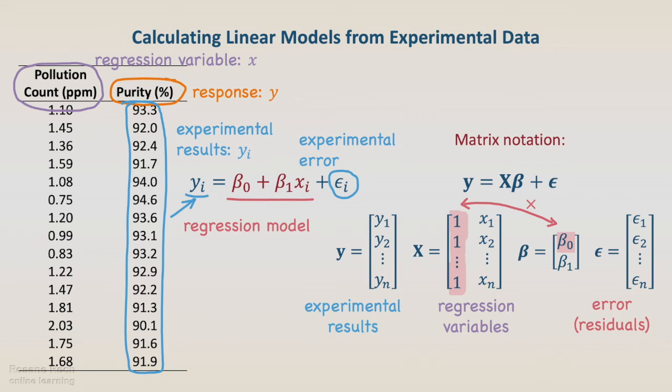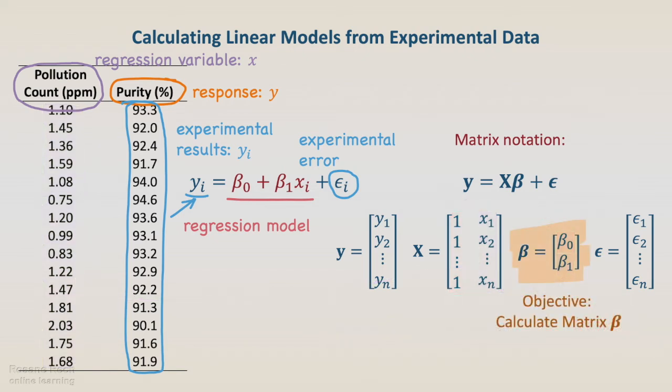The first column of the X matrix is composed of number ones, since it is multiplied by beta 0, the independent coefficient of the beta matrix. The second column of the X matrix is formed of the regression variable values and is multiplied by beta 1 in the beta matrix.